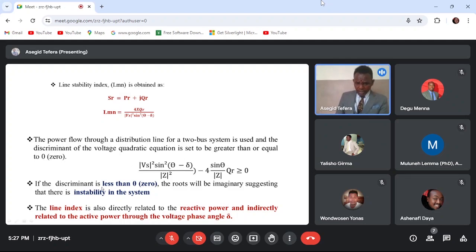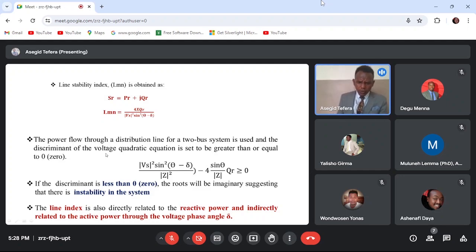If the discriminant is less than 0, the root will be imaginary, which means the value under the radical is negative. This value, b square sine theta minus alpha z square minus 4a sine, is under the radical. If it's negative, the system will be unstable.